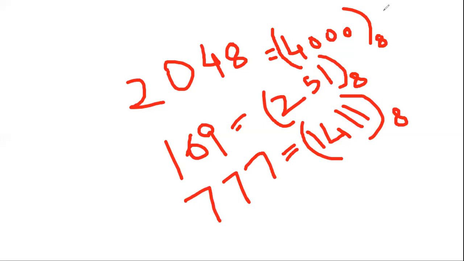So now what if we had to do the reverse? If I gave you a number in octal and asked you to change it to decimal, how would we do that? Let's say my octal number is 500.